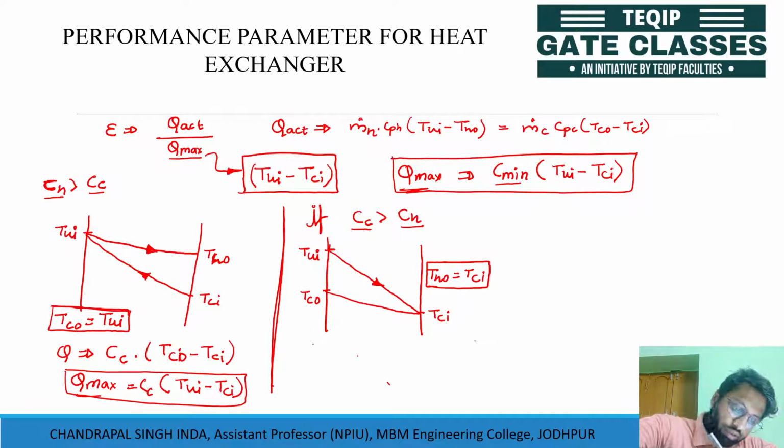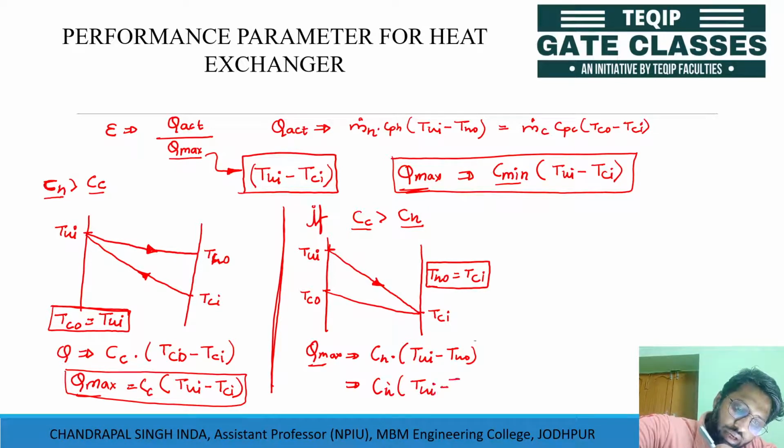Now here we can find the Q for the hot fluid, that will be equal to Ch multiplied by T hot inlet minus T hot outlet, and that will be equal to Ch times T hot inlet minus T cold inlet.